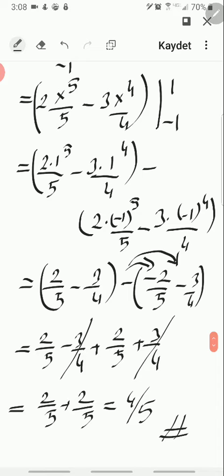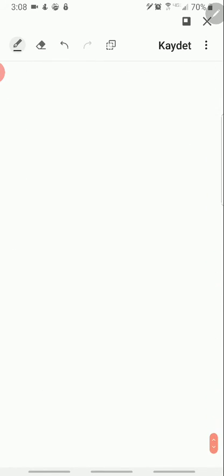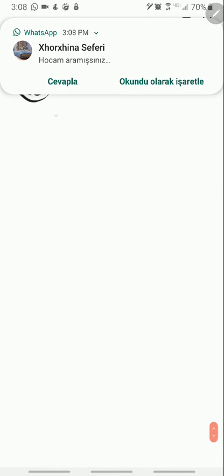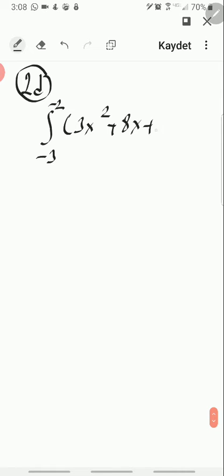In the next question, 2d, from minus 3 to minus 2 of 3x squared plus 8x plus 1 dx.